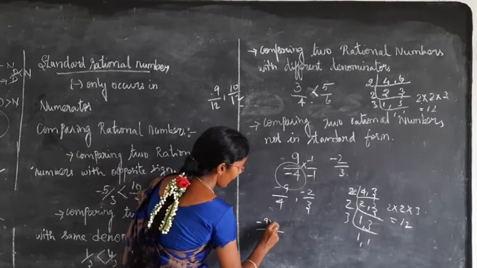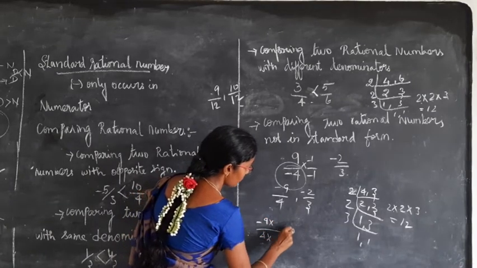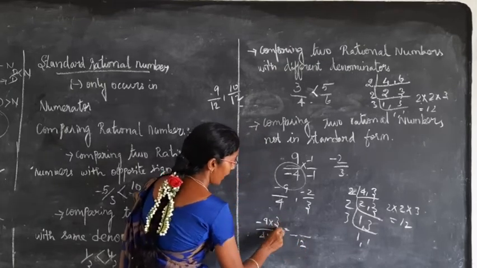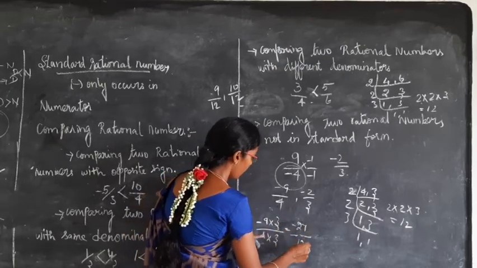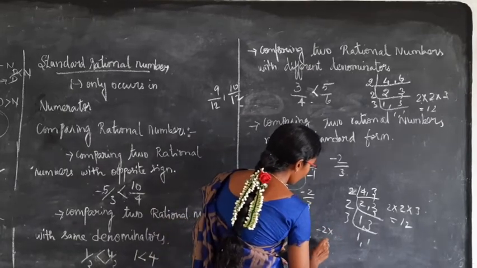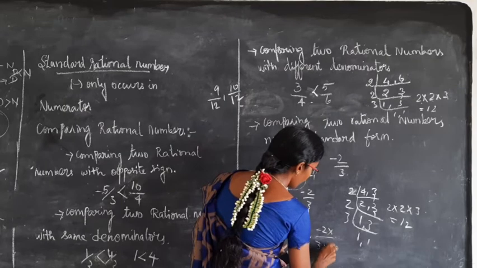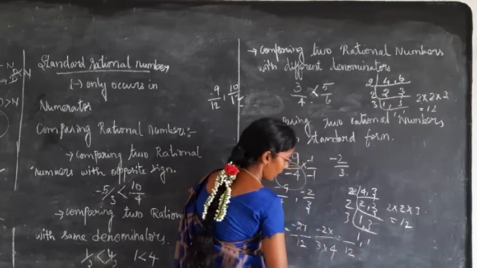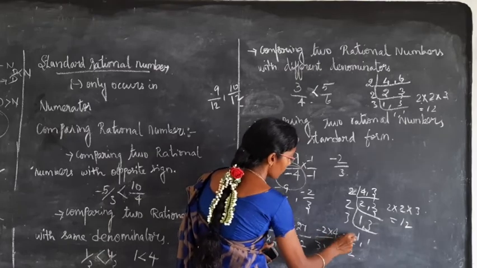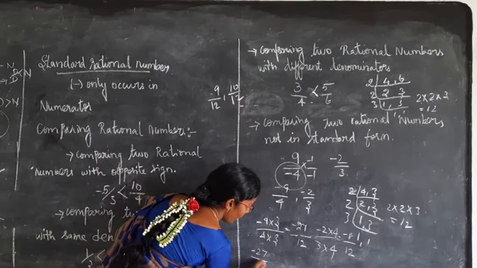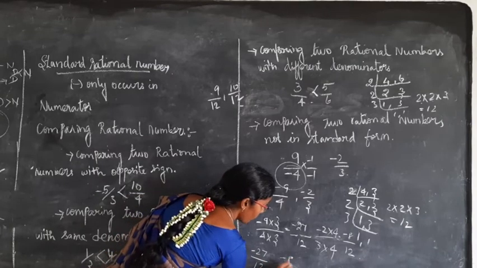So minus 9 into 3, since 4 3s are 12, 9 3s are minus 27. And here minus 2 by 3, into 4 to get 12, so 4 3s are 12, the same 4 here. So minus 8. So I have to compare minus 27 by 12 and minus 8 by 12.